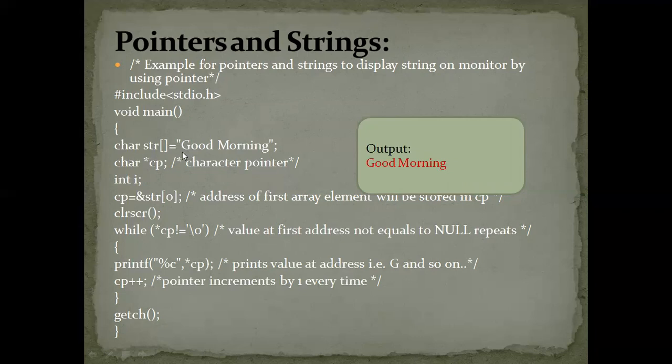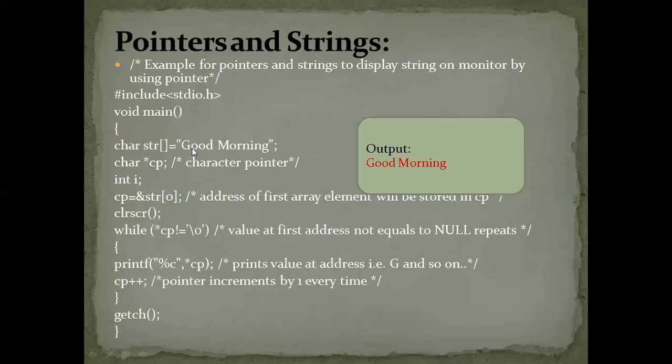This is a variable which I am going to declare here: str, which is of array type. Good morning is the content which I'm going to store into the string. Then char star cp, this is a character pointer. So cp contains the address of str of 0, which means the first character, the 0th position.